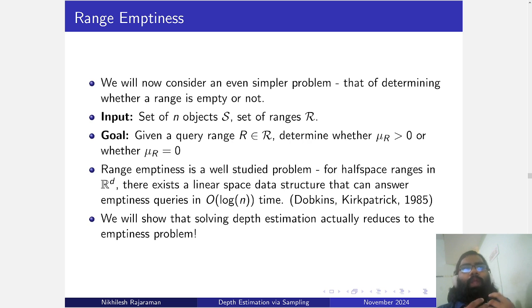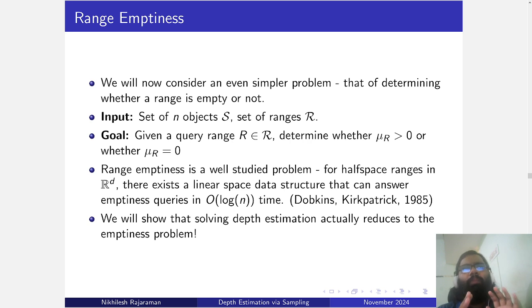So that's why we went to the approximate version of this problem instead, where instead of finding the exact depth, we're allowed some error as long as our estimate is within a multiplicative factor of epsilon from the true correct value. We then saw that this problem reduces to the decision version, where instead of estimating the depth of a range, we're given a threshold z and we have to answer whether the depth is greater than z or less than z.